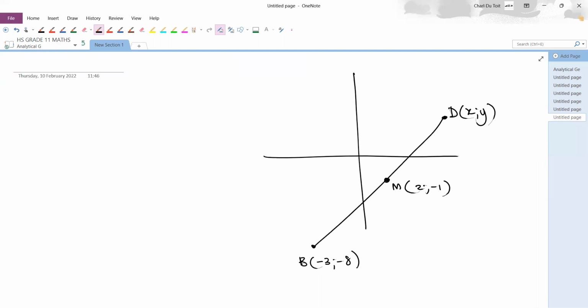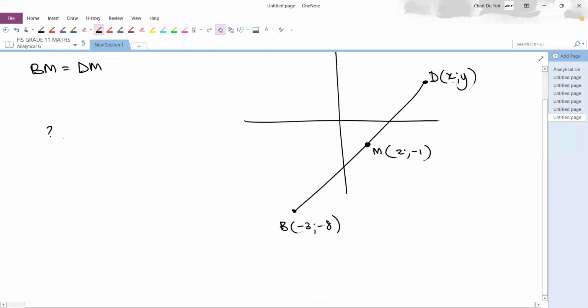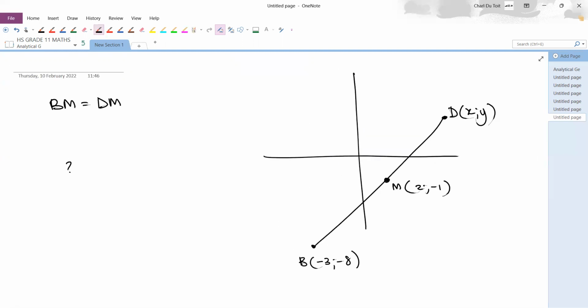I want to know what are the coordinates of D. BM equals DM, or you can say M is the midpoint of the line. Who of you can figure that out?